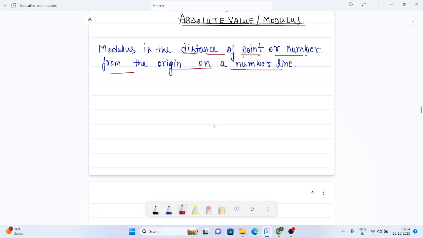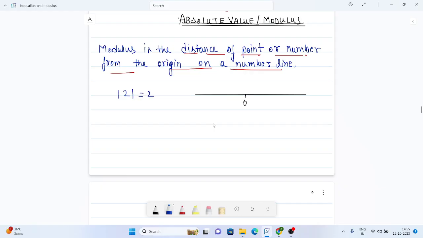So what I say, modulus is the distance of a point or number from the origin on a number line. What he means to say, let's say, if I draw a number line and this one is the origin. So if given mode 2, this is the sign of modulus.